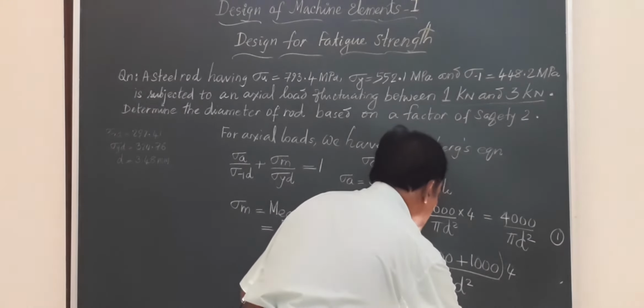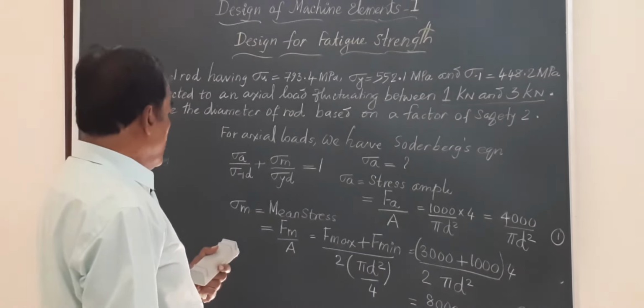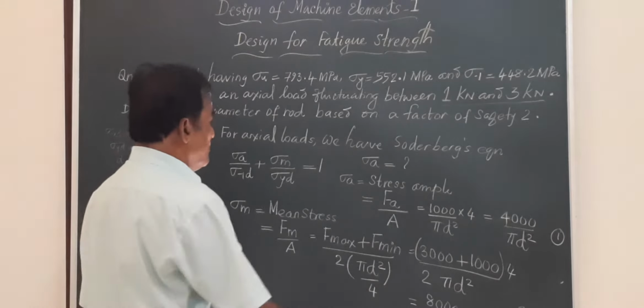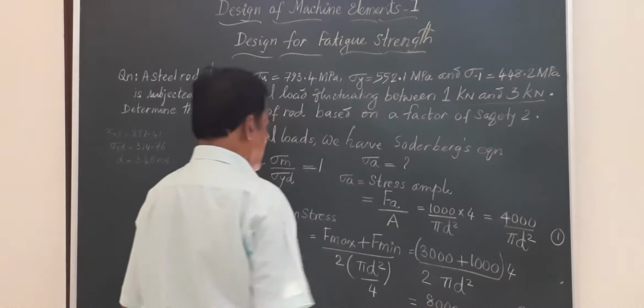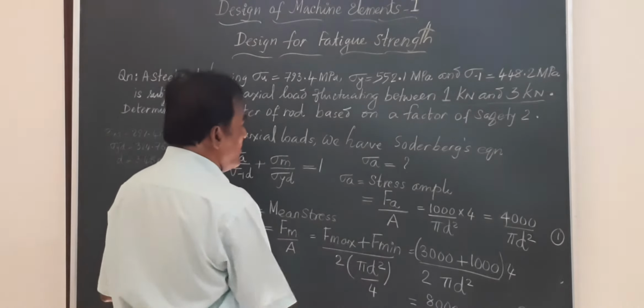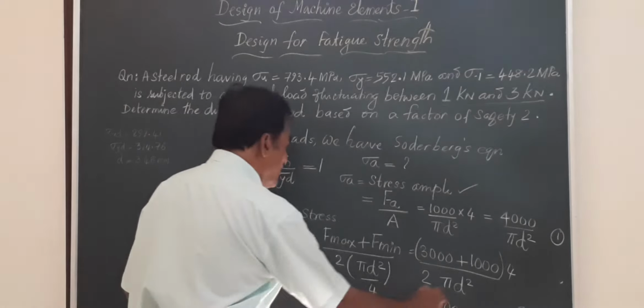This is the relation, the maximum plus minimum by 2, and the 4 goes there, so 2 times 4000 is 8000 by pi d square. This is right. Friends, we have got the value of sigma a, we have the value of sigma m.